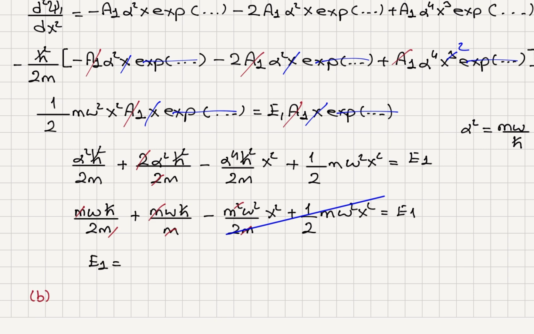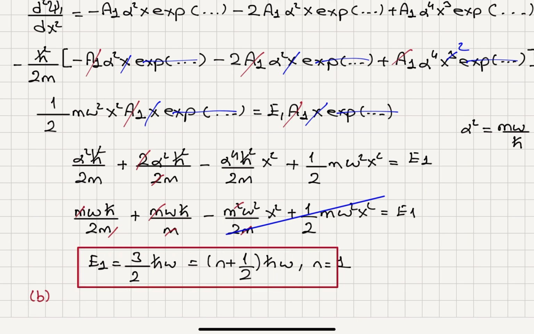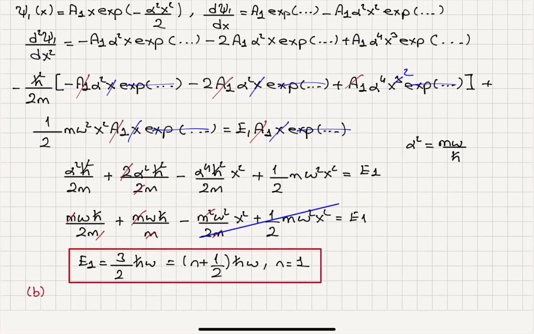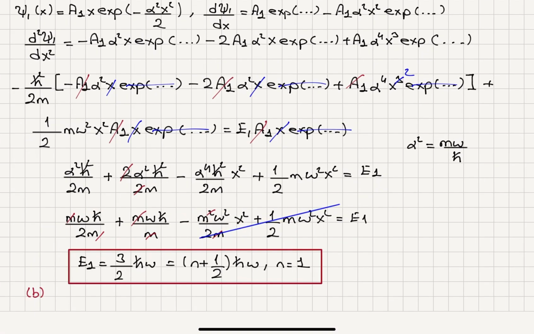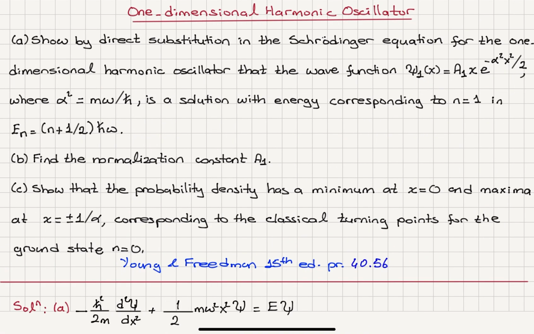So E1 turns out to be 3 over 2 h bar omega, which corresponds to (n plus 1/2) h bar omega, where n is equal to 1. So indeed, I find that the given wave function describes the first excited state, n equals 1.